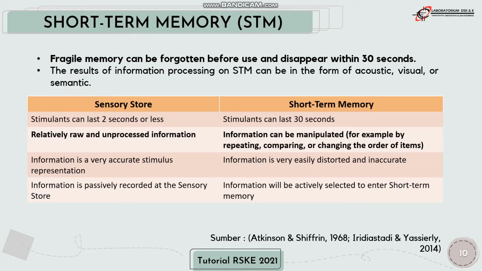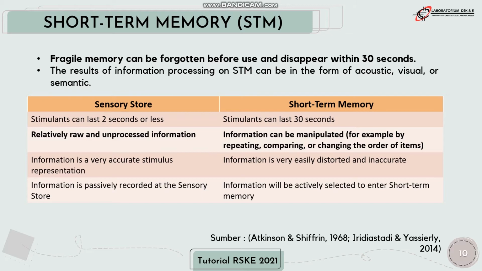Okay, next slide is short-term memory. Short-term memory is fragile memory, can be forgotten before use and disappears within 30 seconds. The result of information processing in short-term memory can be in the form of acoustic, visual, or semantic.